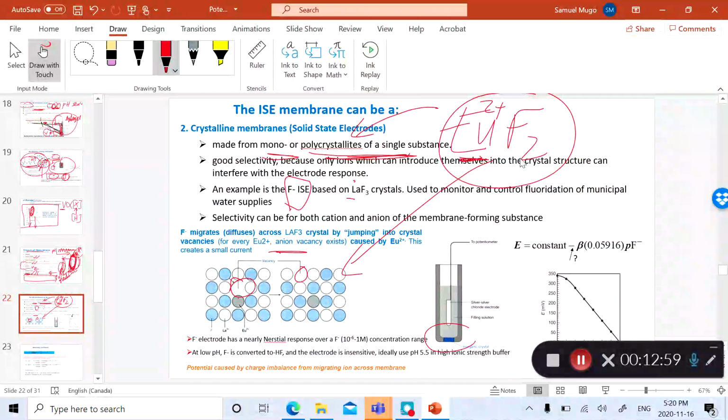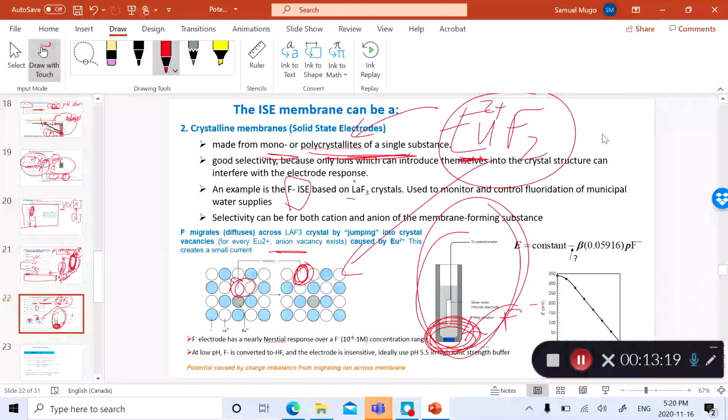So the moment you have that crystal here and it's doped, it would selectively capture the fluoride and it's going to occupy those voids or those cavities inside the crystal. And the rest is exactly the same. You have the reference electrode, the silver chloride, and then this one is your indicator electrode, which is responsive to your fluoride. Okay.